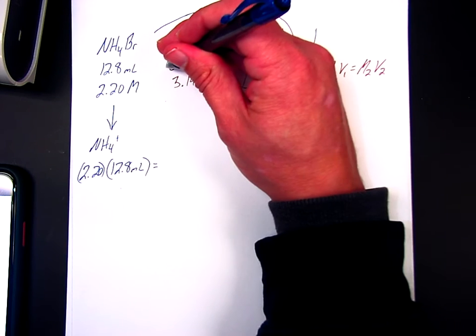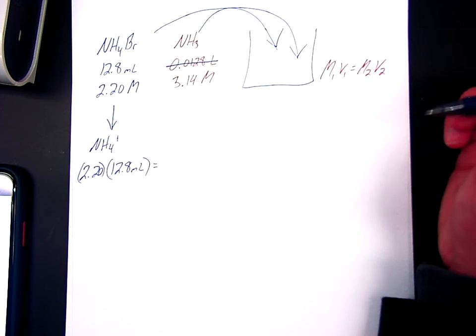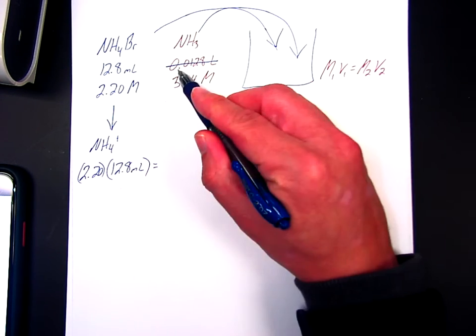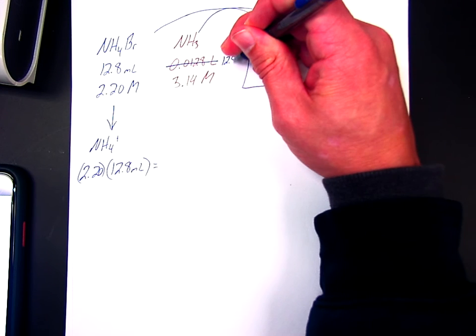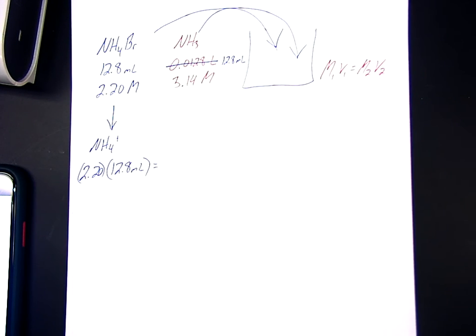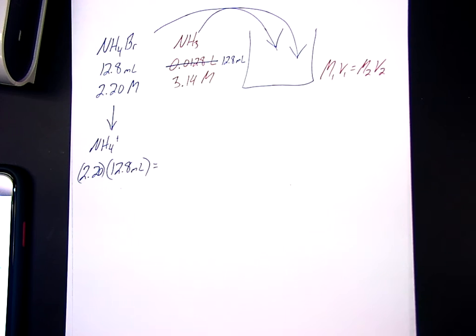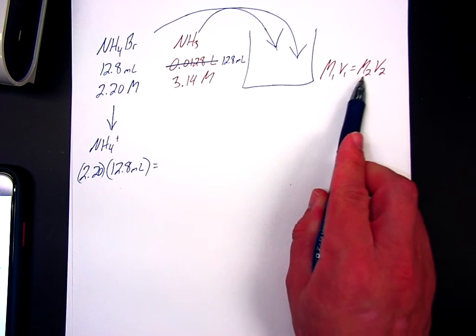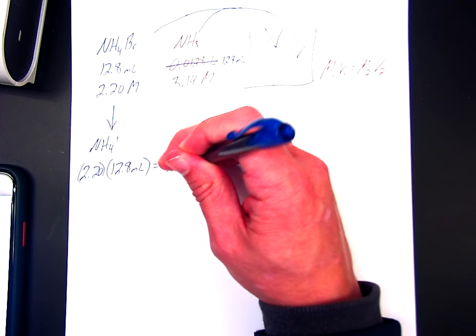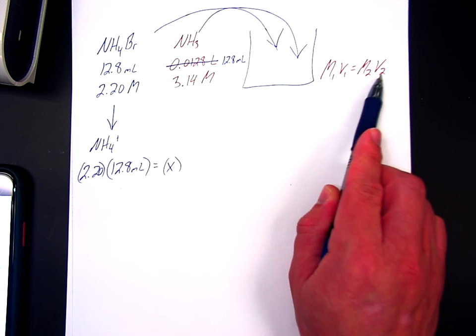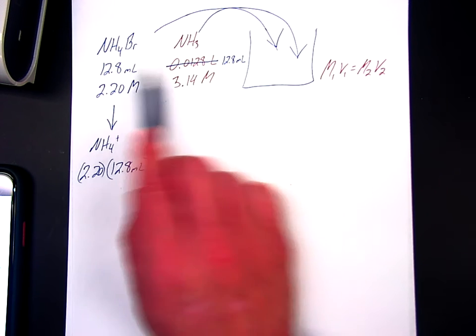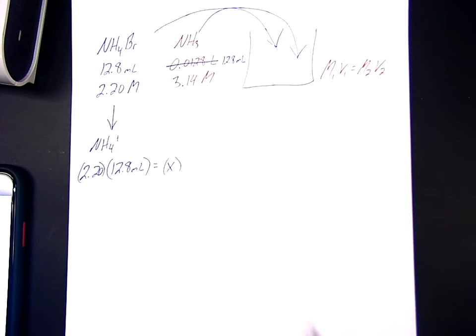But what I'm going to do is convert this to milliliters by sliding to the right 1, 2, 3 times. So it's really 12.8 mL. Anyway, I'm looking for the other molarity here, the molarity of the solution once it's all in a buffer. But this V2, the ending volume, is going to be these two numbers added together.